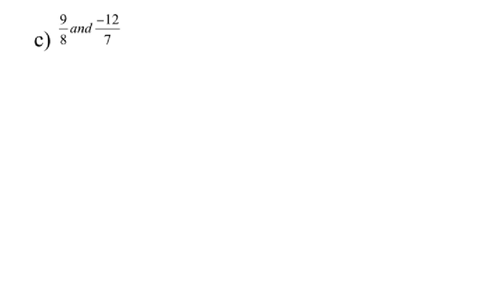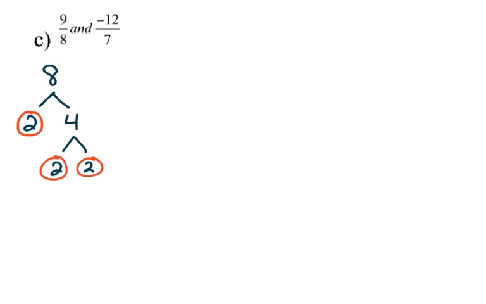In letter C, we want to find the least common denominator of 9/8 and -12/7 using prime factorization and Venn diagrams. And so first I'm going to take the 8 and break that down to 2 times 4, 2 being a prime, and 4 is 2 times 2, with both of those being prime.